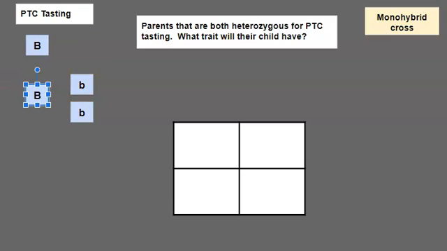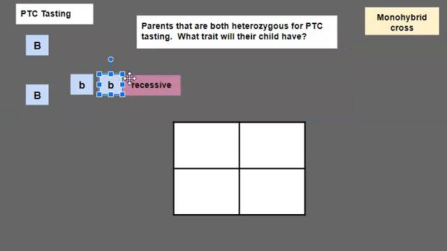People who have a dominant version of the gene, remember dominant versions of genes are shown as capitals, do taste bitterness, meaning when they put PTC paper in their mouth, they sense this horrible bitterness. And non-tasters are recessive, meaning they have to get 2 copies of this little b allele.